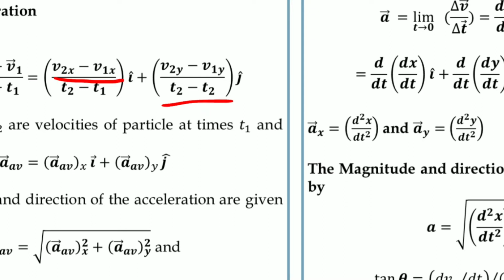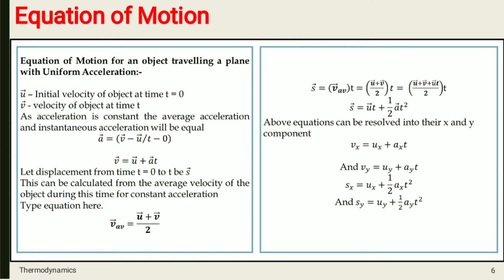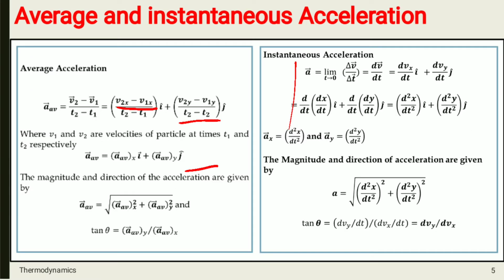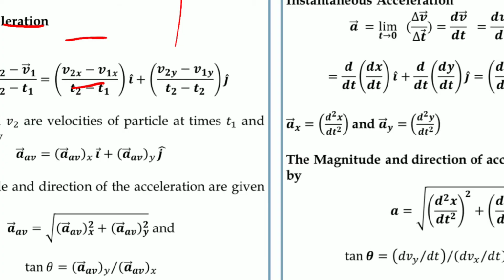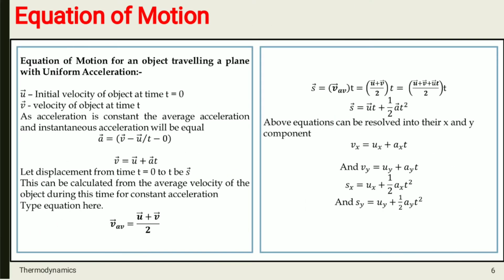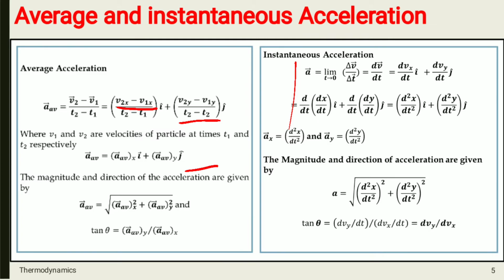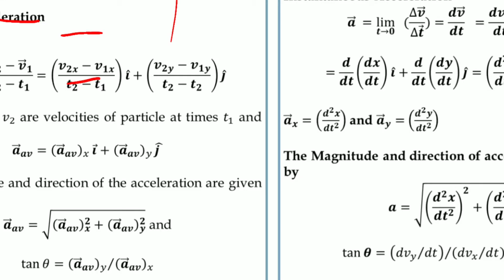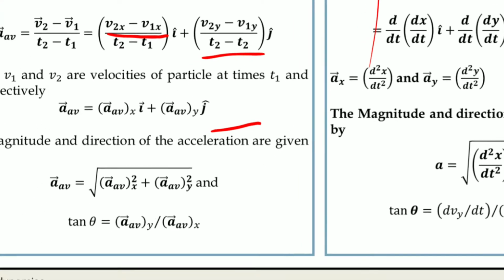So right now you can consider the average acceleration as average acceleration along the x axis and average acceleration along the y axis.